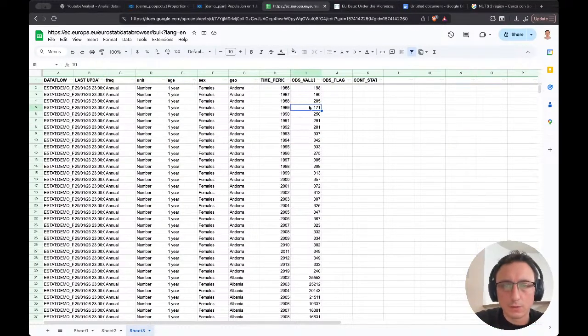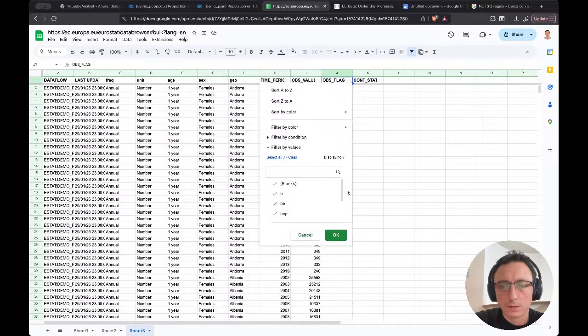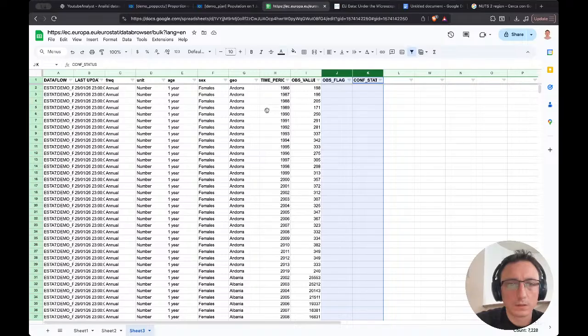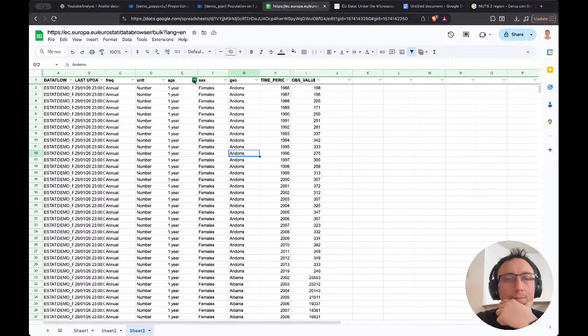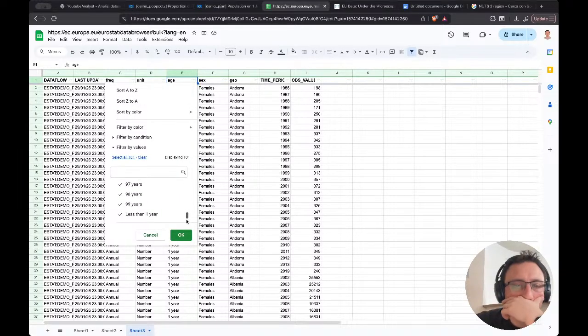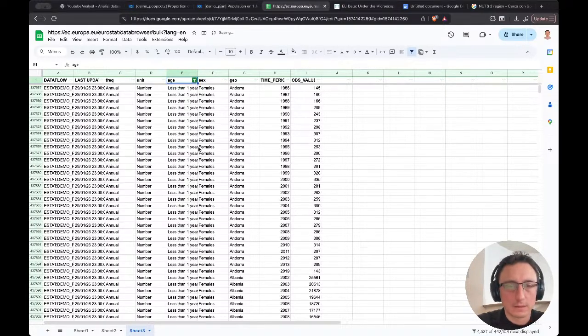Let's quickly remove what we don't need. Let's remove these columns. Let's clean this data here.